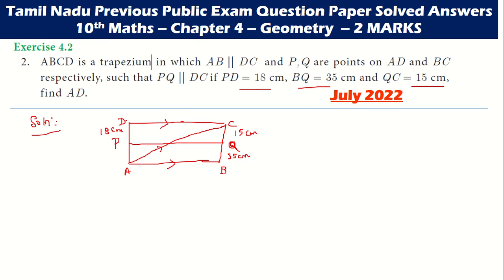So we need to find AD value. So that means the formula is as per BPT, that is basic proportionality theorem பிரகாரம் AB by BC is equal to BQ by QC.